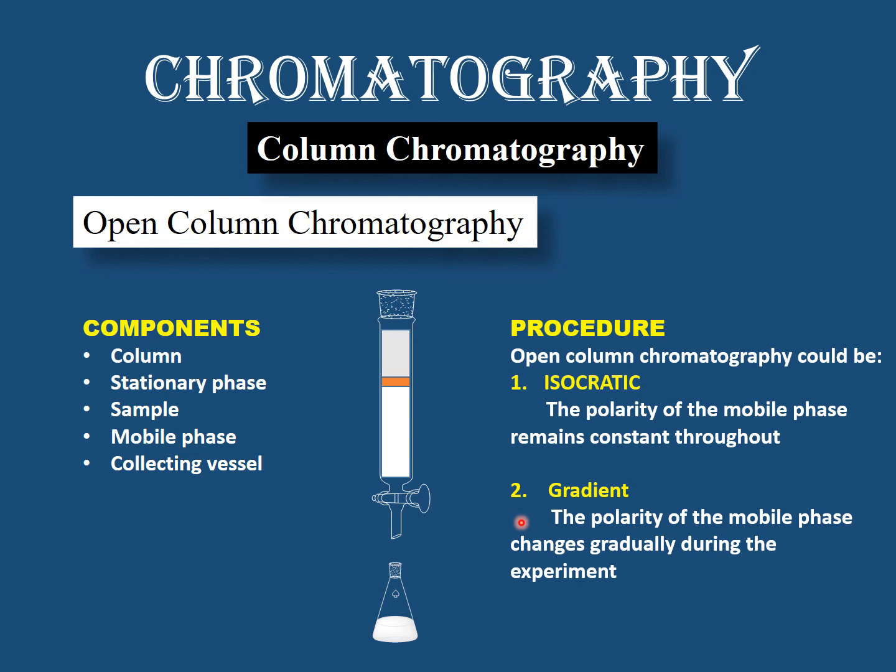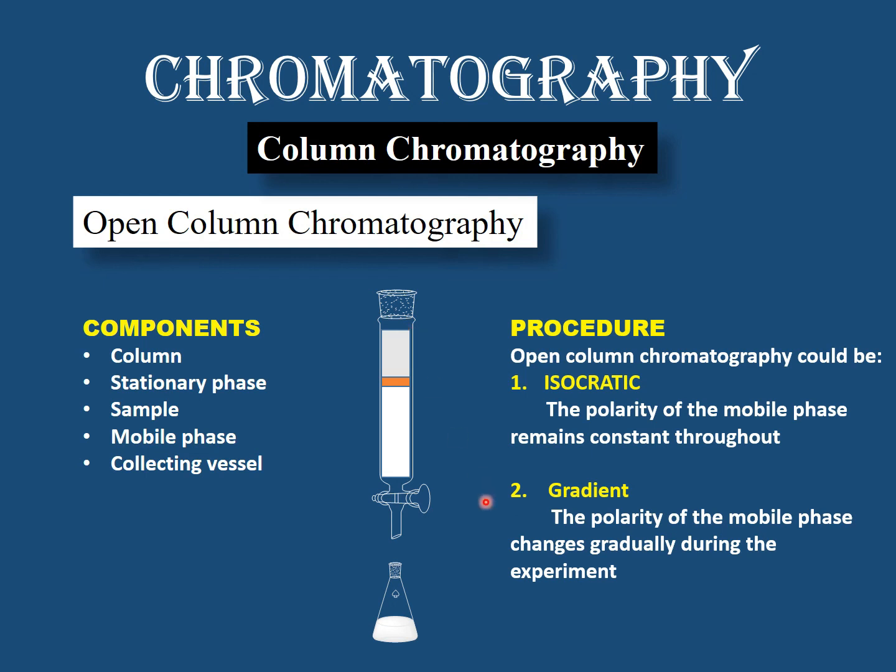But if you are performing a reverse phase column chromatography where your stationary phase is less polar, then because your mobile phase has to be highly polar, the gradient is from high polarity to low polarity. So that is the difference between the two.